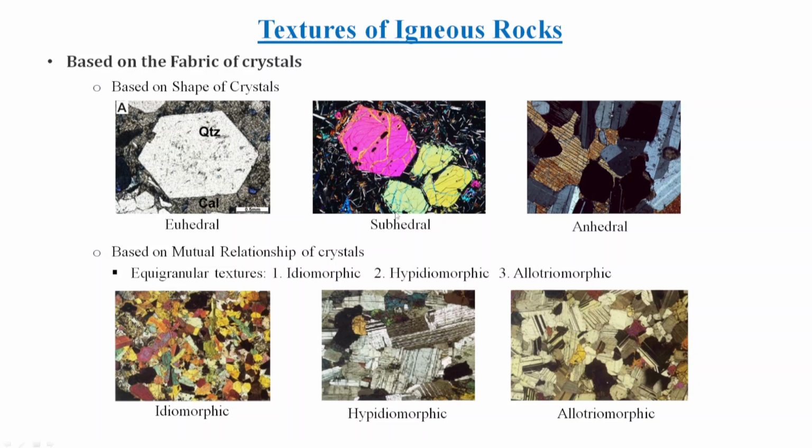So based on the textures, be it the structure of a single grain, be it the mutual relationship, which is also the definition of texture as a term, that it shows the interrelationship between different mineral grains. If you are having a set of minerals and they are having some shared boundary between them, then based on the observation of the grain boundaries between the mineral grains, you can also have an idea of how that rock might have formed.